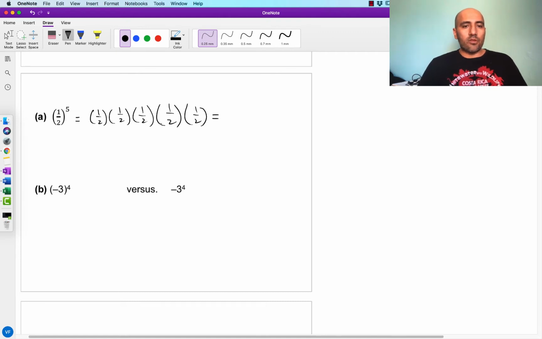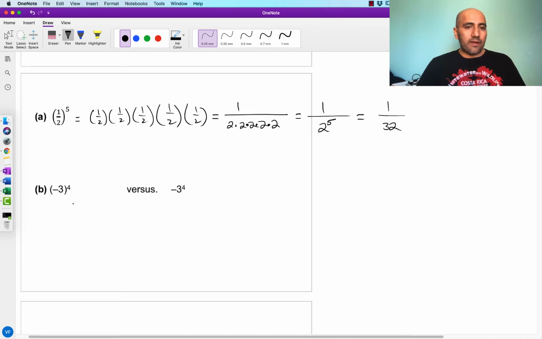And then, of course, we know from multiplication of fractions that this is equivalent to 1 over 2 times 2 times 2 times 2 times 2, 1, 2, 3, 4, 5 of them, which is the same thing as 1 over 2 to the power of 5. And then 1 over 2 to the power of 5 is equal to 1 over 32. Right? 2 times 2 is 4, then 8, then 16, then 32. 1 over 32.